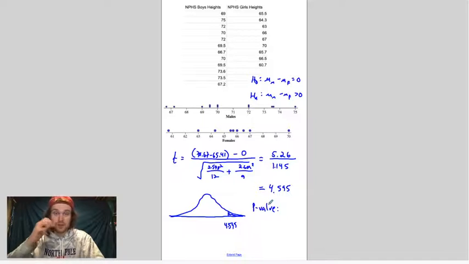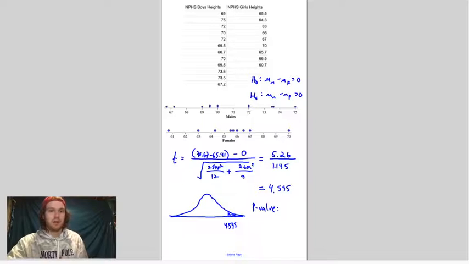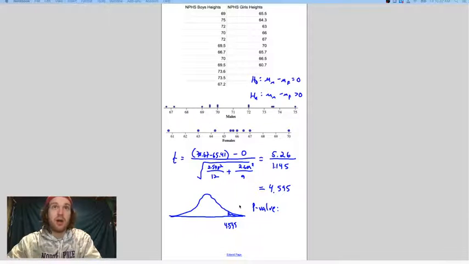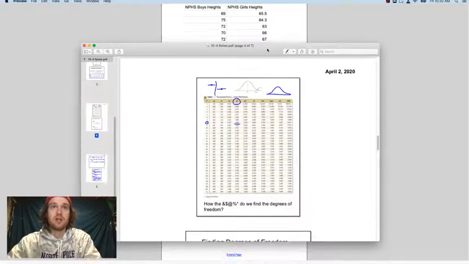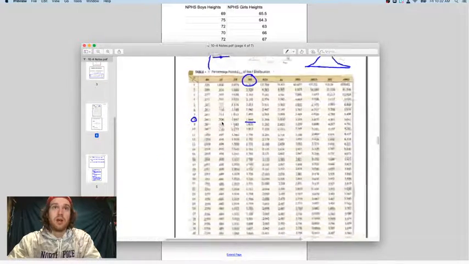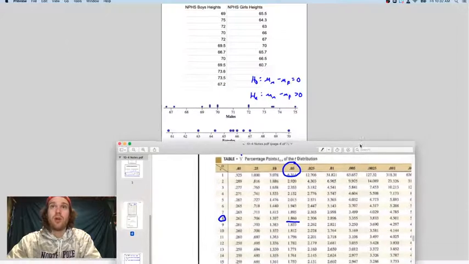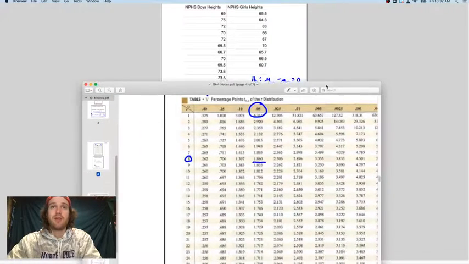The p-value is, if you want to use the table again, let's pull that t-table up. We're going to be using 8 degrees of freedom like we did yesterday. We got 4.595.